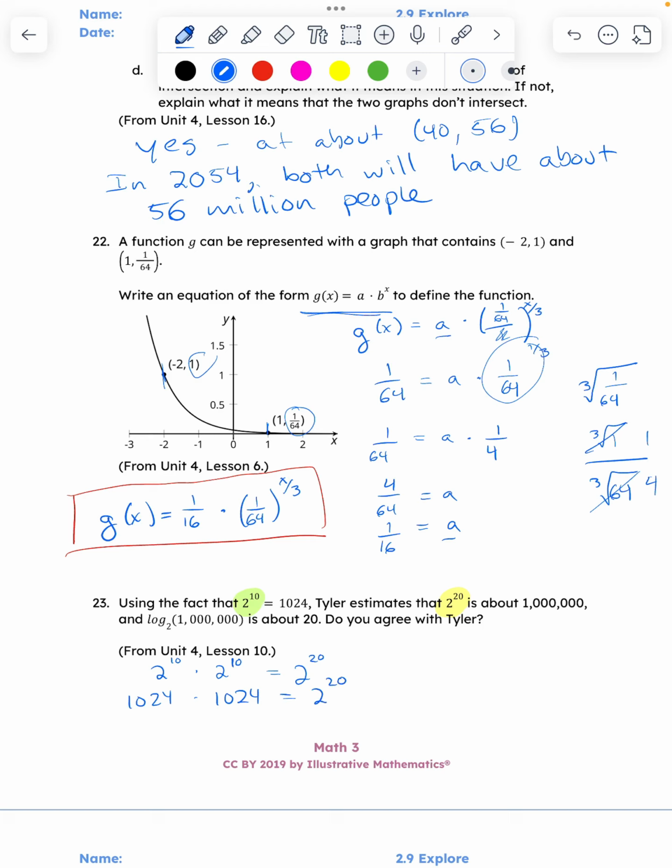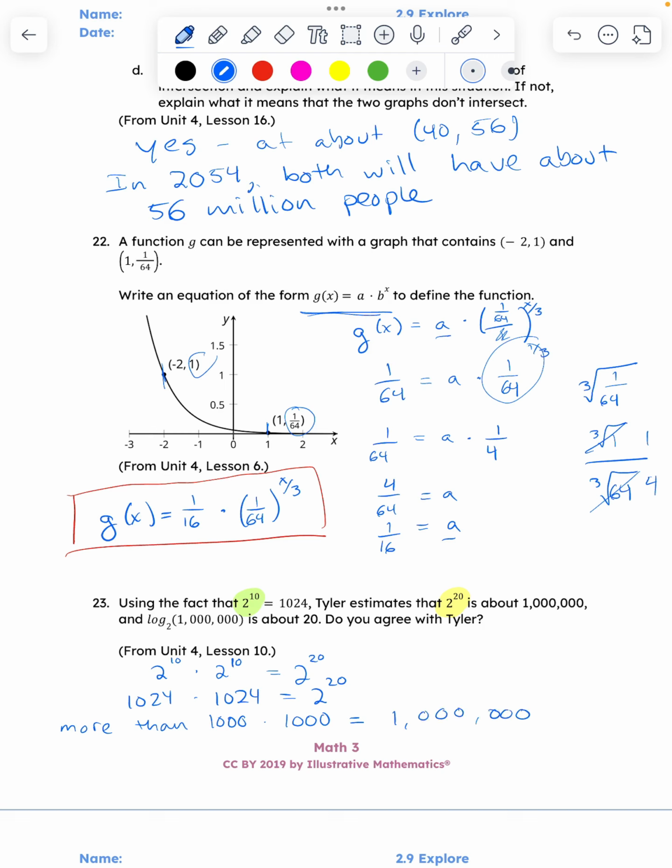And then how does 1024 times 1024 compare to 1,000,000? Well, it's going to be more than 1,000 times 1,000, which is 1 with 6 zeros, 1,000,000.